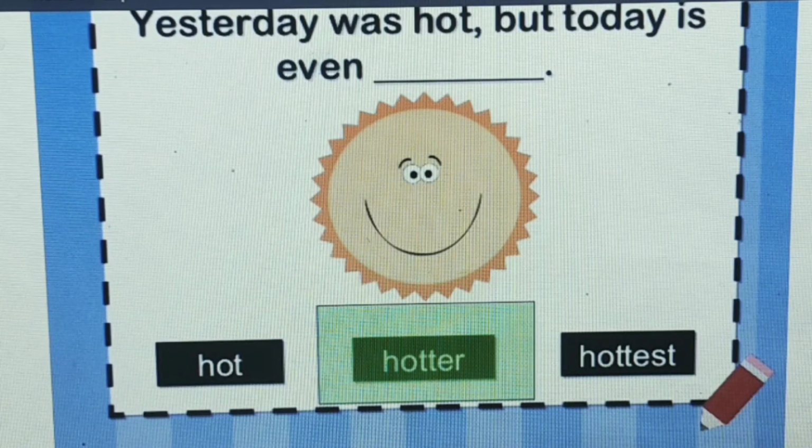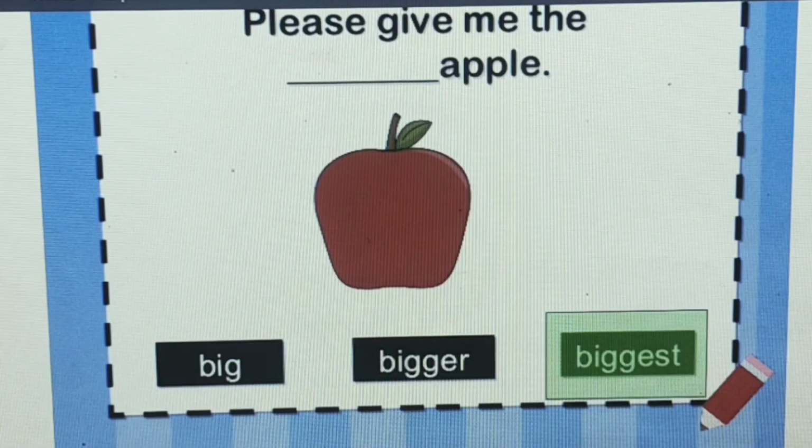So the answer is hotter. It is comparative degree. Please give me the dash apple. So superlative degree. The answer is the biggest apple.